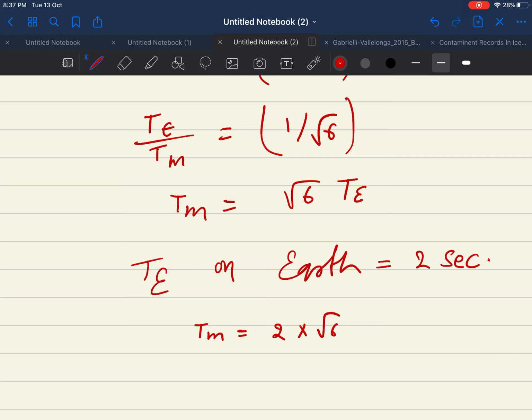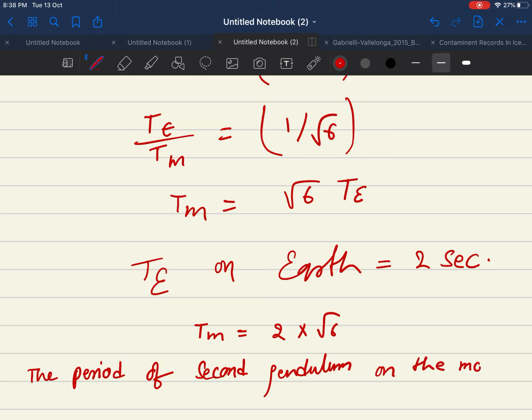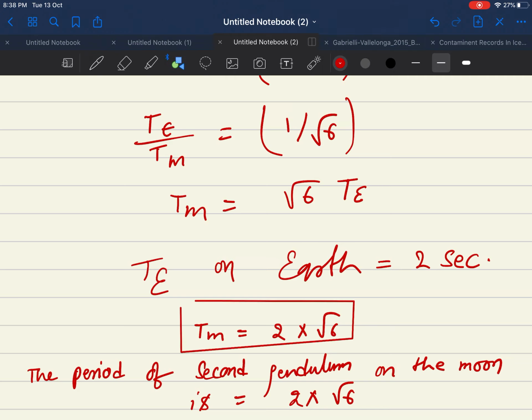So finally the period of a second pendulum on the moon is 2 into root 6. This is the answer. I hope this is clear to you.